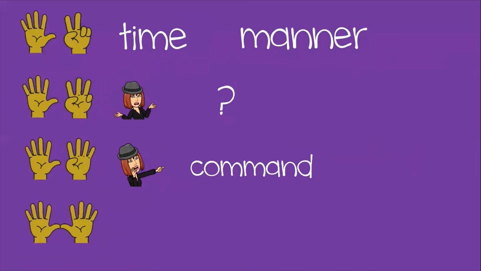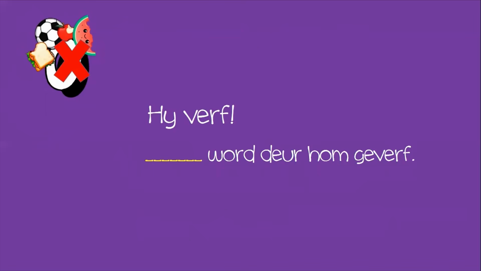Now, number 10. When we do not have a subject or an object in the sentence. Okay, now we are not going to have an object. Hy verf. Do you see we have our subject and a verb? So, if we knew what he was painting, then the answer would have been iets, the thing, word deur hom geverf.